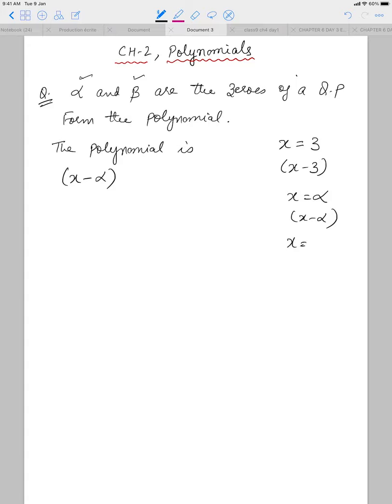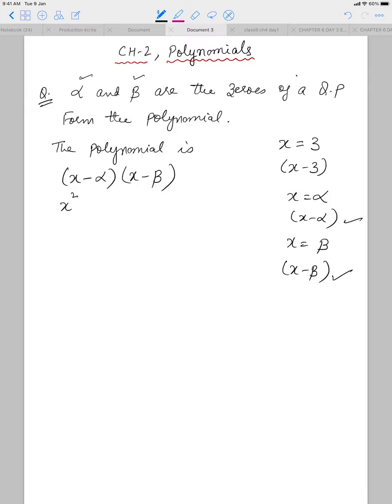Similarly, as x is equal to beta is a zero of the given polynomial, x minus beta is also a factor of the given polynomial. So, if x minus alpha and x minus beta are the factors, we can express the polynomial like this: x minus alpha into x minus beta.